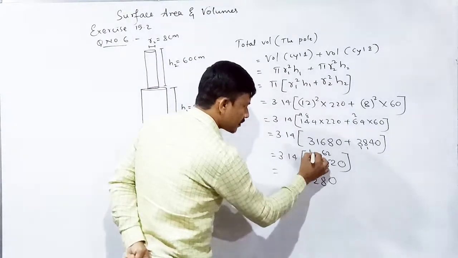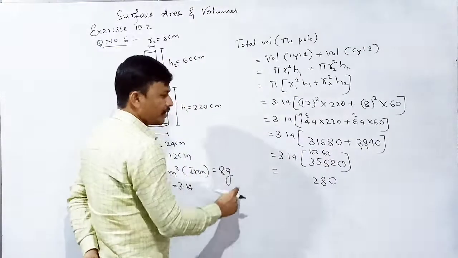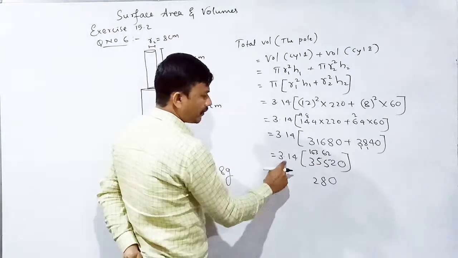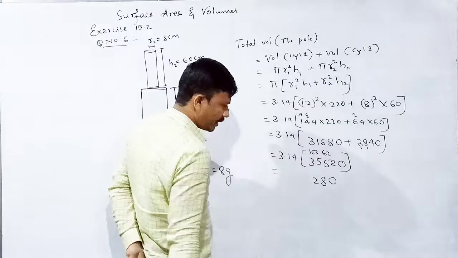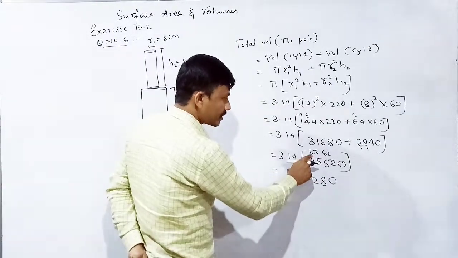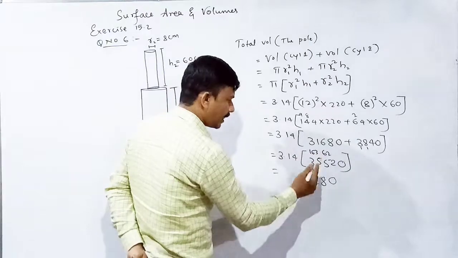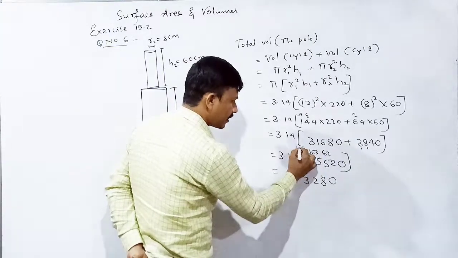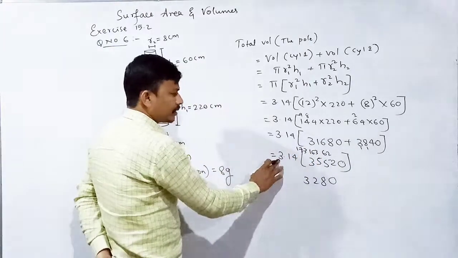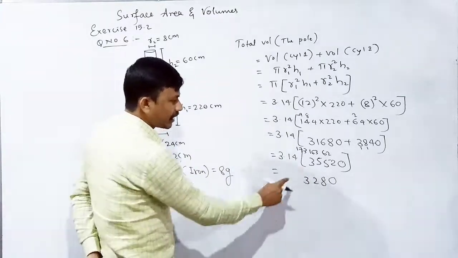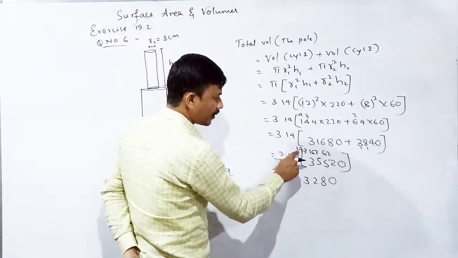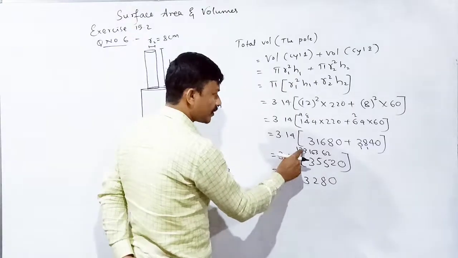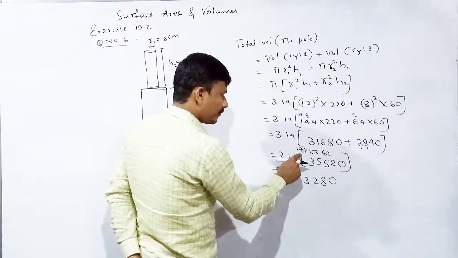Okay, 31 5s are 155, 1550, 1570, 1632. Okay, then 31 5s are 155, 1550, 1570, 1670, 670, 733. Okay, 31 3s are 93, 930, 930 plus 942, 1042, 1115.